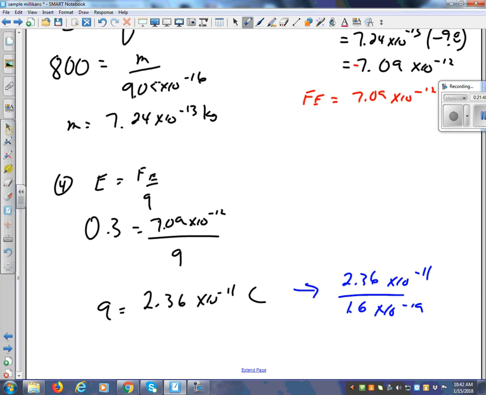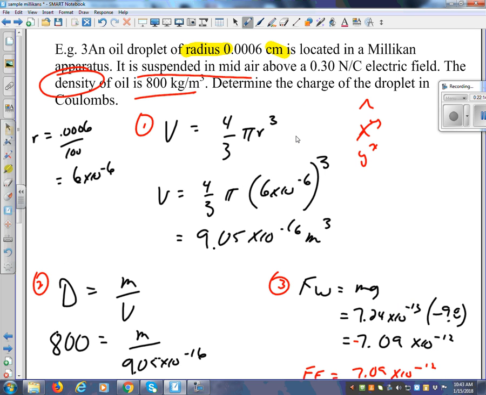It doesn't ask for it here, but just as a refresher. .5 times 10 to the 8 elementary charge. Let's just see here. You would get.